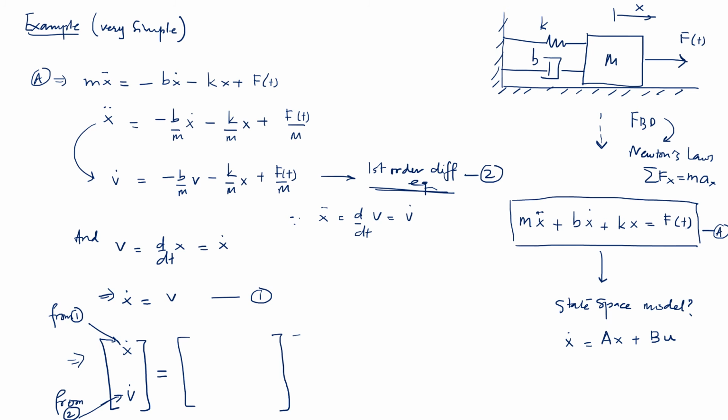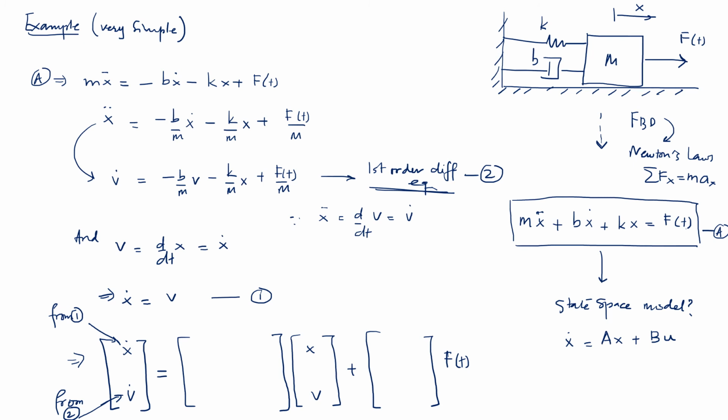So I need to have this structured so that you have A multiplied with a vector x, and that would be x and v, because these are the two states in this particular system, added with a B matrix multiplied with u, which in this case is f of t.